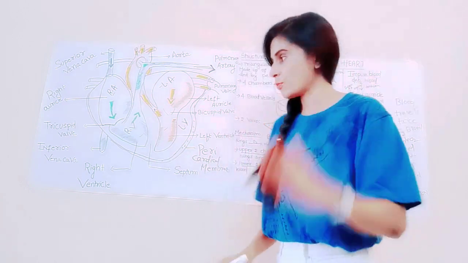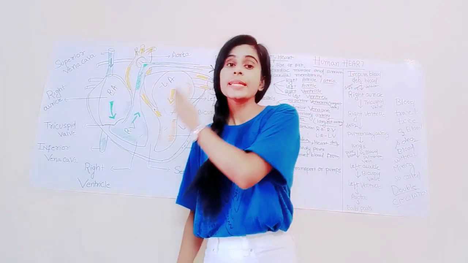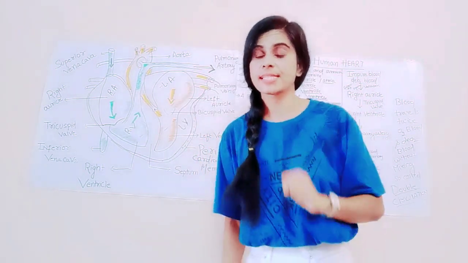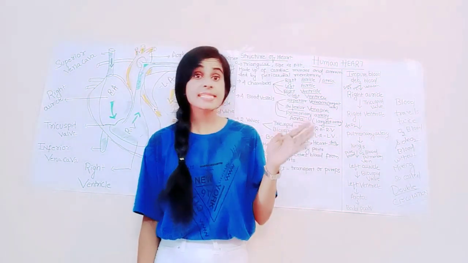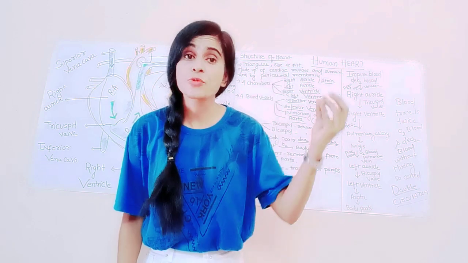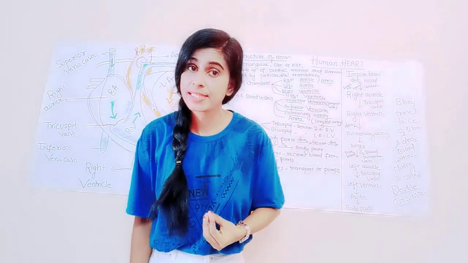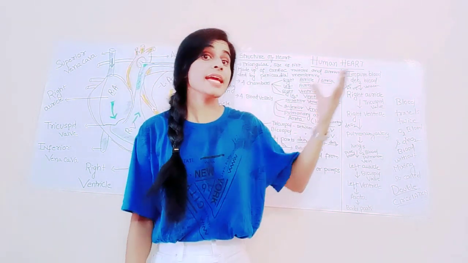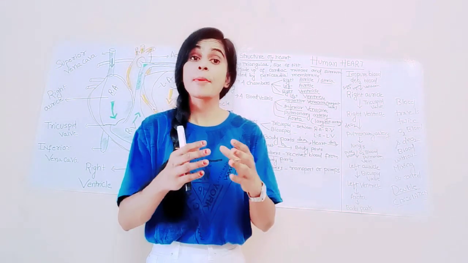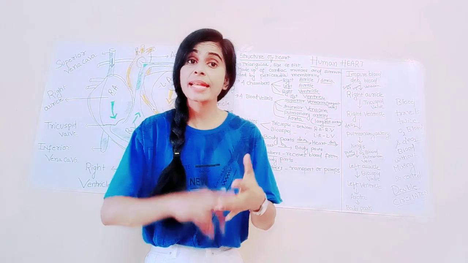Done? Now, in this heart there come 4 blood vessels. We have already discussed in my last videos about arteries, veins and blood capillaries. Please go and check once again.